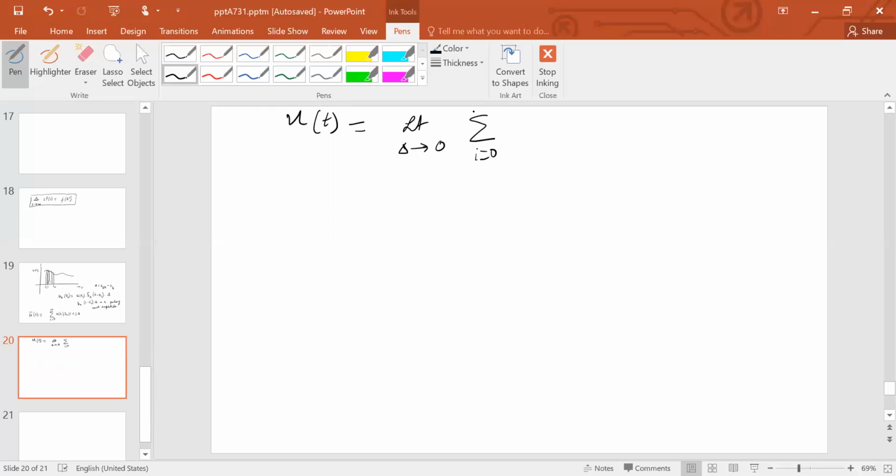But the sum over i equals 0 to infinity of u of ti times delta of t minus ti times delta can then be written in this fashion as the integration from 0 to infinity of u of tau delta of t minus tau d tau. So this is how you can approximate a function using the Dirac delta. You can actually achieve an expression for the function using this Dirac delta.